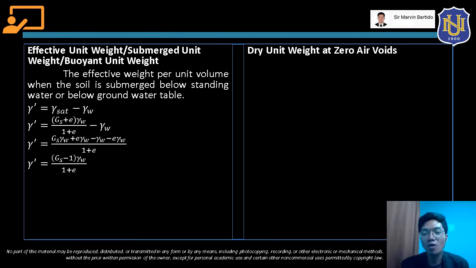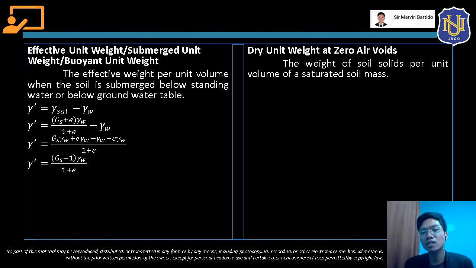Now, we also have dry unit weight at zero air void. So, yung definition natin dito, class, this is the weight of soil solids per unit volume of a saturated soil mass. And di ba, class, yung unit weight natin for saturated soil, yun ay equal sa total weight, okay, over total volume. Wherein yung total weight niya, weight ng soil solid, tsaka weight ng water.